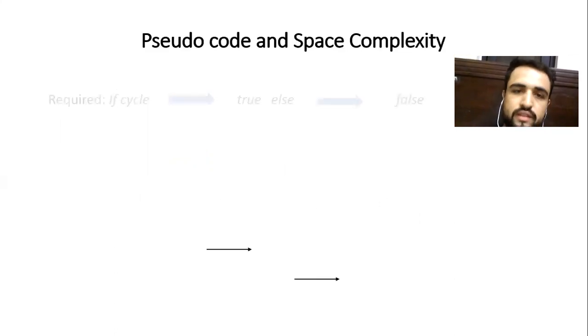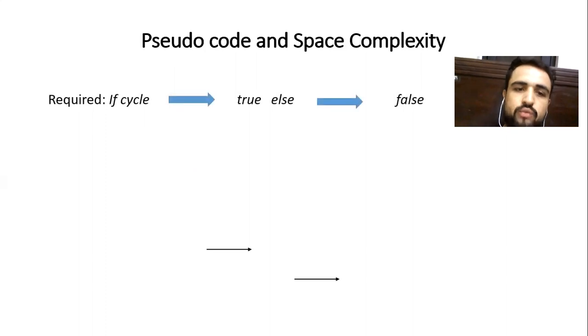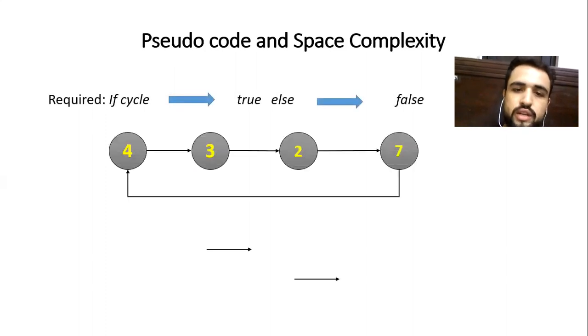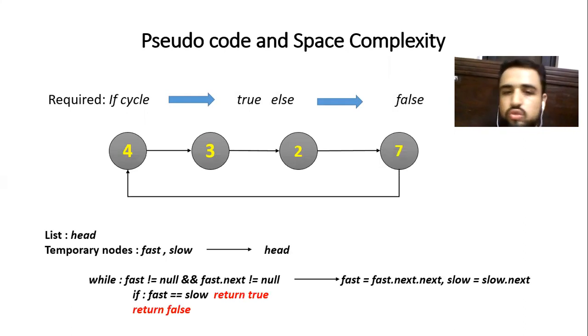So in this case, if there is a cycle in the list, our program should return true, else it returns false. In this scenario, the pseudocode will be like this, and we also compute the space complexity here.